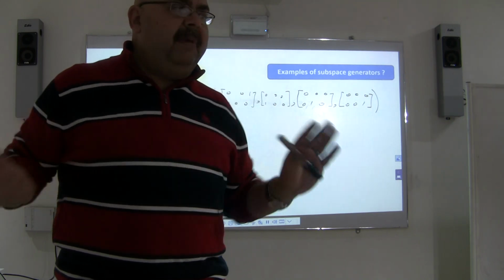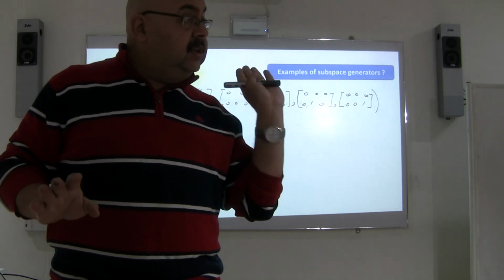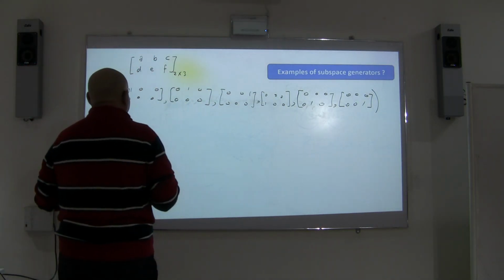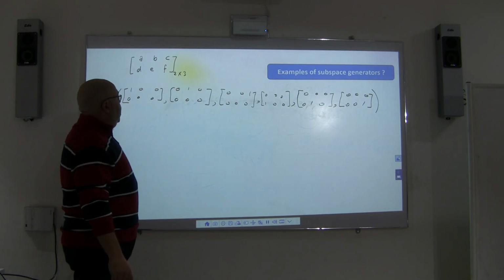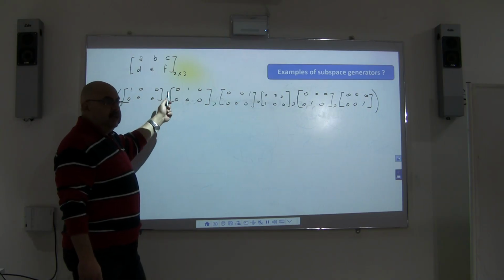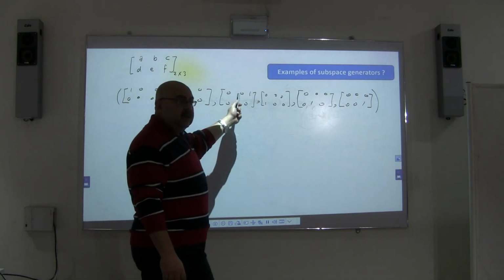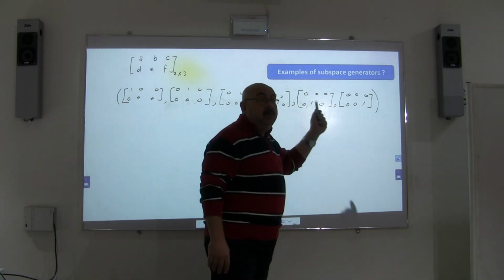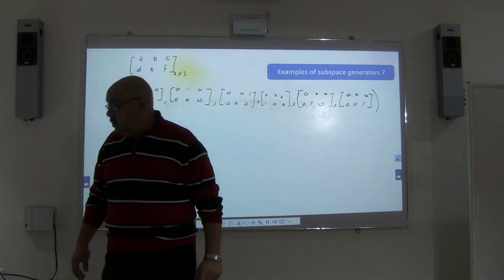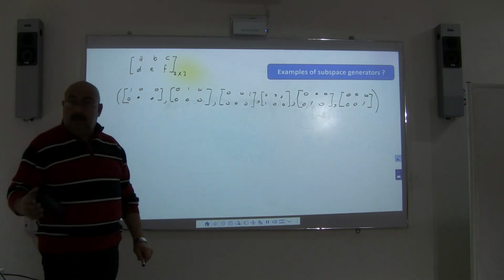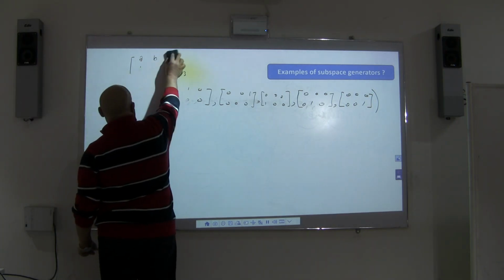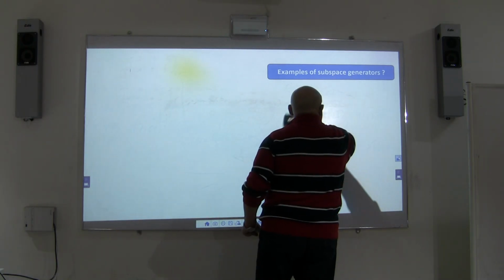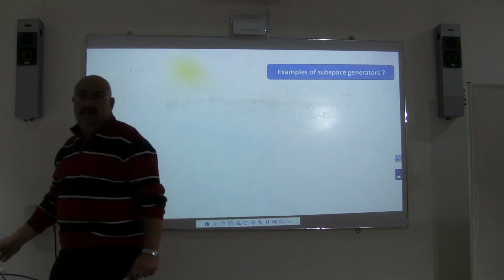I can generate any 2 by 3 matrix using this set. If I want to write it as a linear combination, it is going to be a times the first plus b times the second plus c times the third plus d times the fourth plus e times the fifth plus f times the sixth, and I will be able to get this matrix. So it's very simple to find the generators of each vector space, and it makes very good sense.